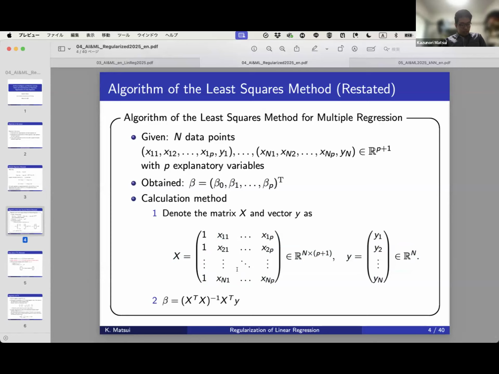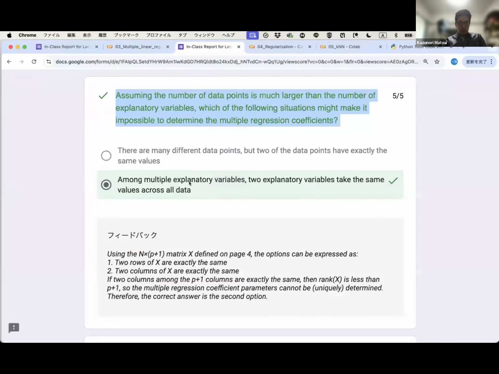When there are identical columns, since there are p plus one columns, linearly dependent elements are mixed in, and the rank of the matrix becomes less than p plus one. Therefore, in the case of the second option, the multiple regression parameters cannot be uniquely determined.